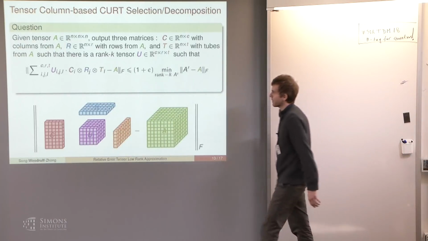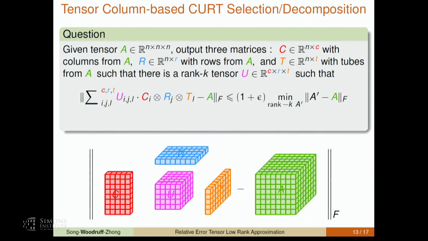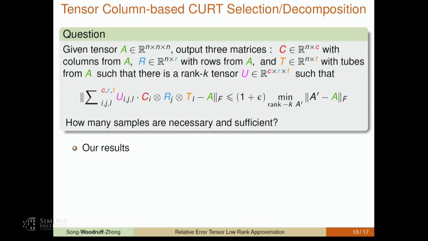That's just what this notation indicates. And so you can ask for a low-rank approximation of this form, which is a 1 plus epsilon approximation to the low-rank problem. And you can ask again, how many samples of columns, rows, and tubes are necessary and sufficient for this problem?